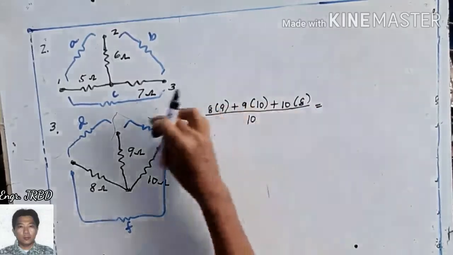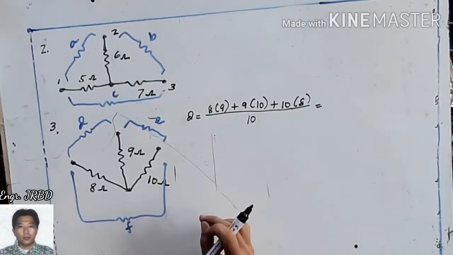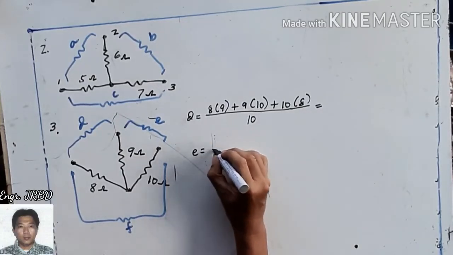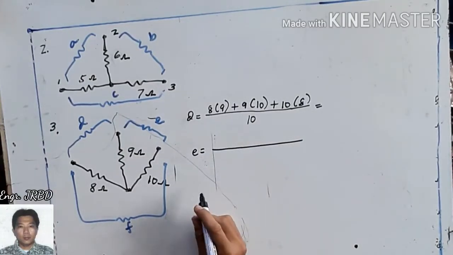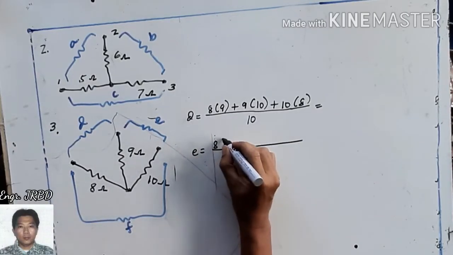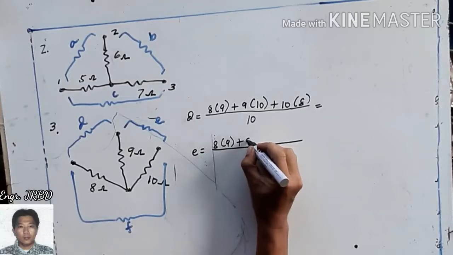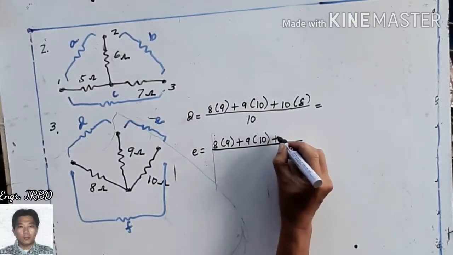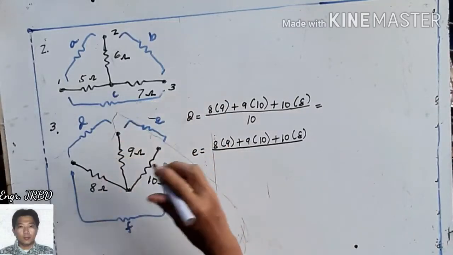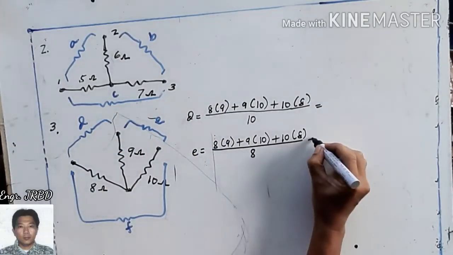We have used legs 8 and 9. The remaining leg is your denominator. So letter E. Same numerator, 8 times 9 plus 9 times 10 plus 10 times 8 divided by the opposite leg, which is 8 ohms.